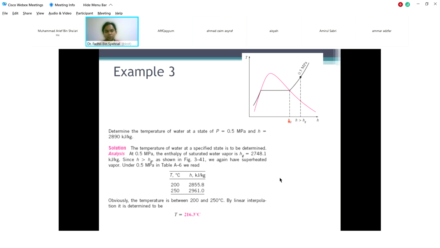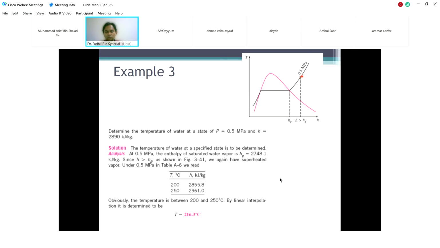So somewhere here is the enthalpy of this case. Plot 2890 here, and then draw a vertical line to our constant pressure line. This is the point, and here is the phase of the substance.